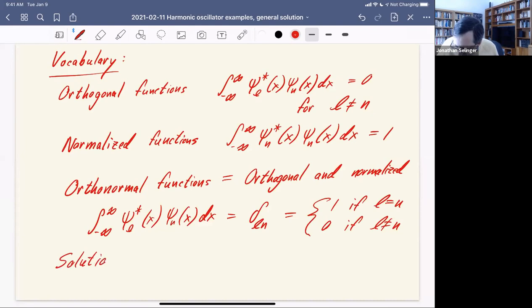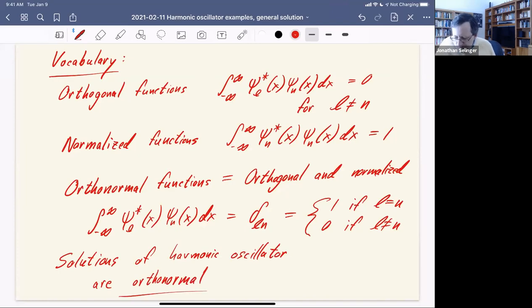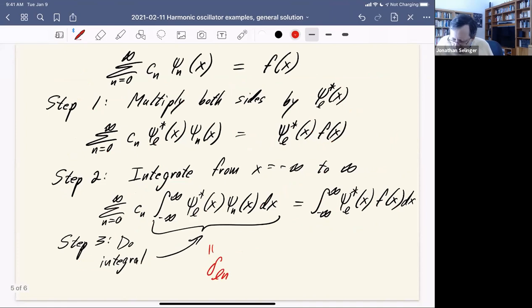Okay, so with that fact that the solutions of the harmonic oscillator are orthonormal, we can go back to this integral right here.